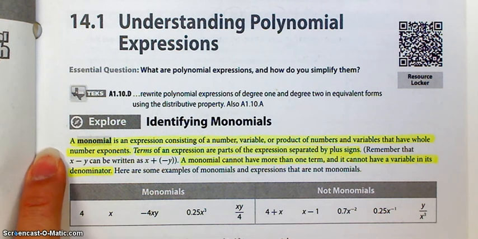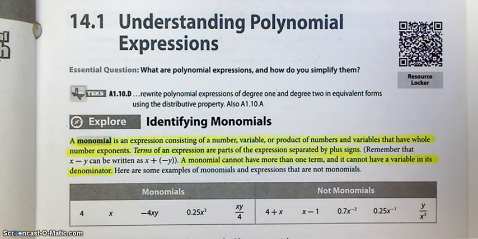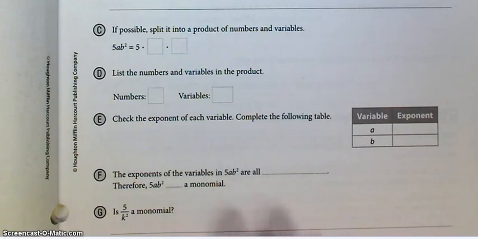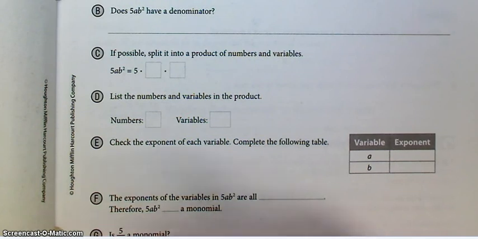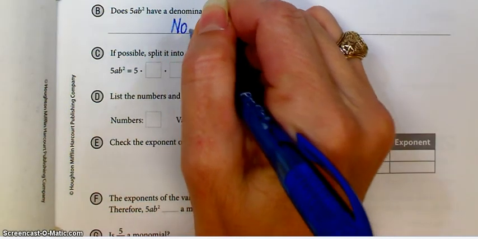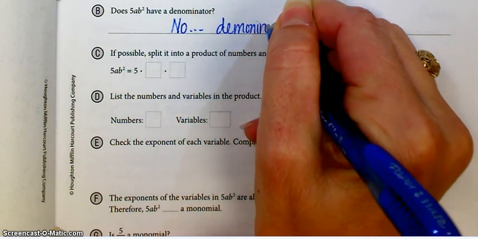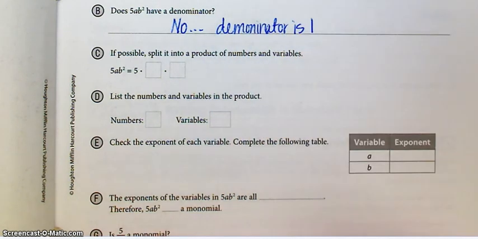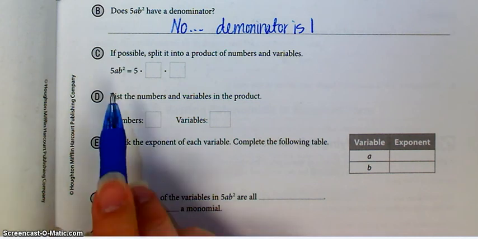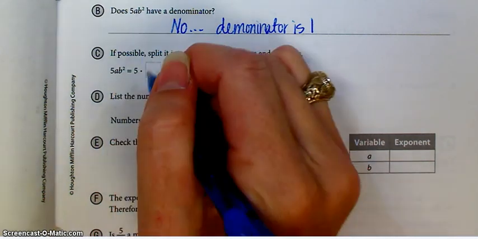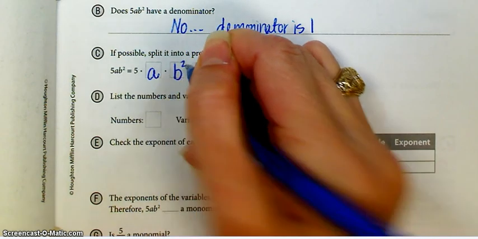Please keep all of this in mind as we go through several examples. Okay, I'm going to skip down just a little bit. I think it's just easiest to start here. First of all, does 5ab squared have a denominator? Well, no, not really, unless you consider the denominator to be 1. And usually the denominator of 1 is not written unless you're trying to make it look like a fraction. If possible, split into a product of numbers and variables. All right, so 5ab squared is really 5 times a times b squared.